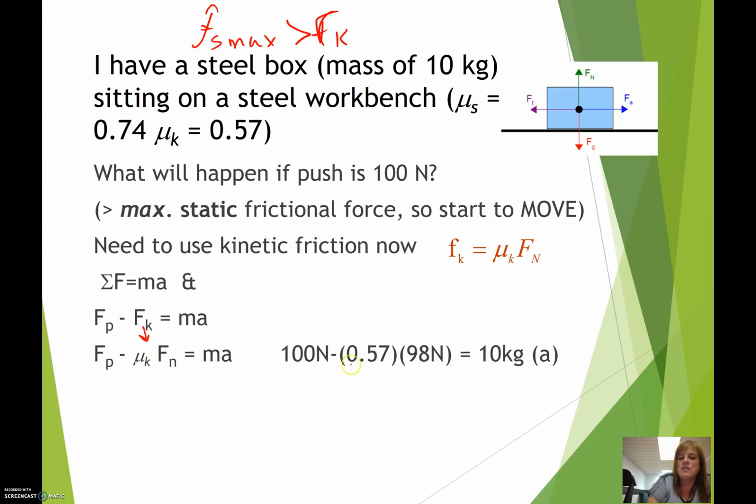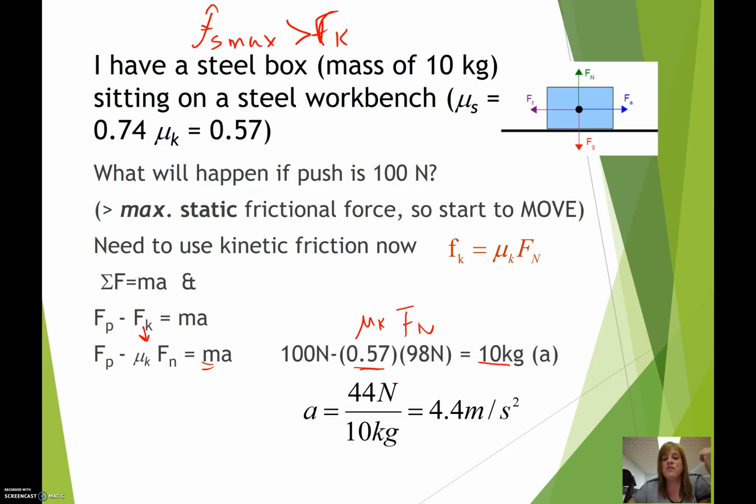So I have my 100 newtons minus mu sub k times my normal force, which we calculated earlier is 98 newtons, and that's equal to the mass, my 10 kilograms, times acceleration. So we're accelerating, and if we do some more math, we'll find out that the acceleration is 4.4 meters per second squared. Whew, this box is going to start flying. Well, maybe not flying, just moving quickly.